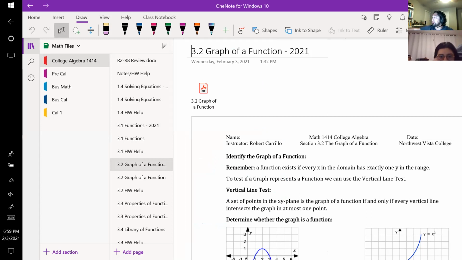Are we still in the phase of asking questions about the previous homework, sir? Yes. Excellent. I would like to ask about 1.4, number 14. 1.4, number 14. Yes. Let's see, John.